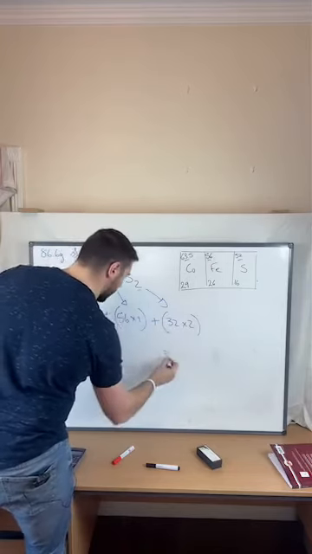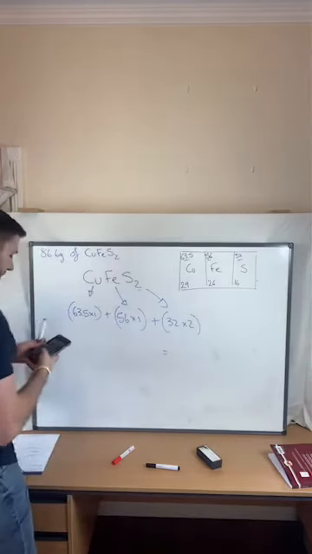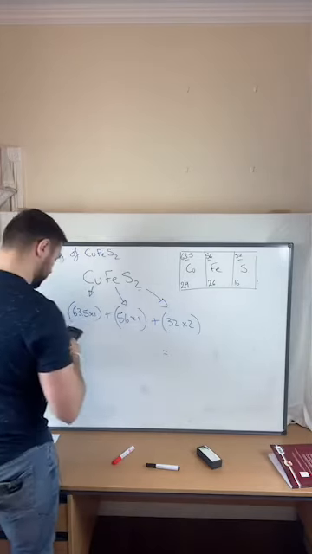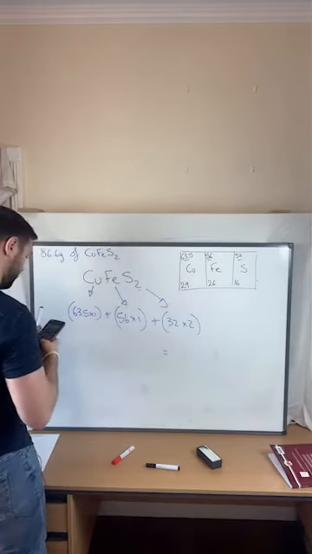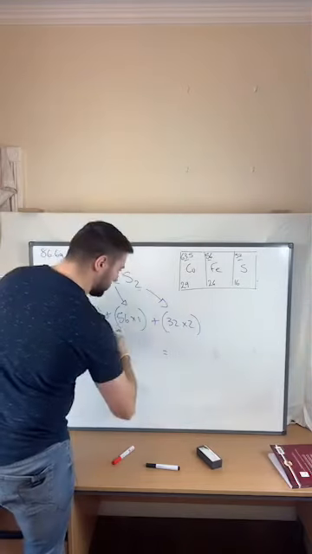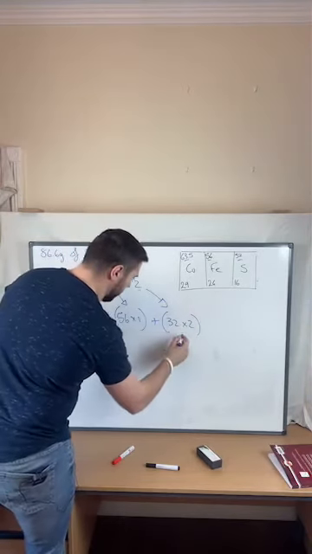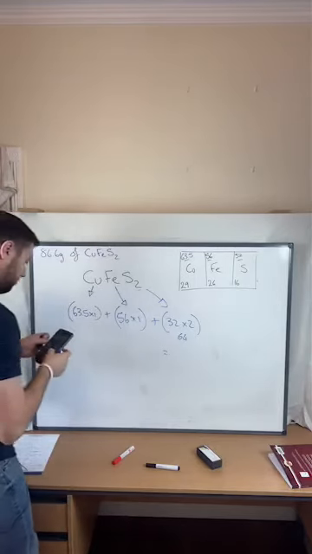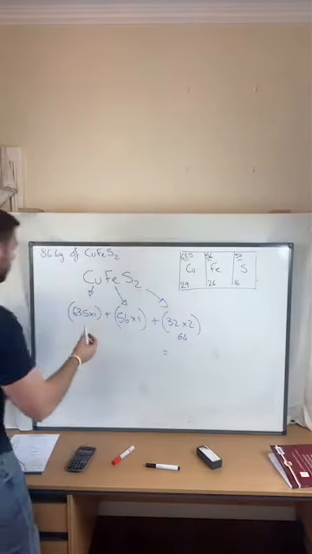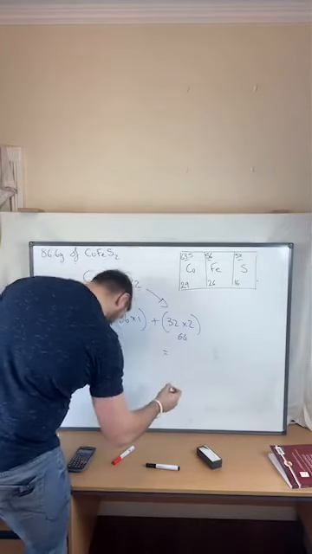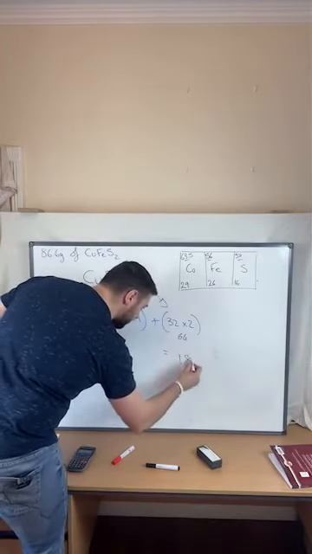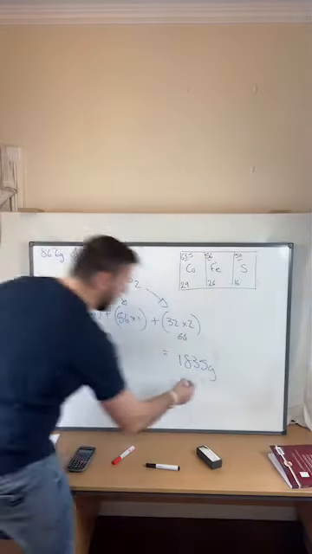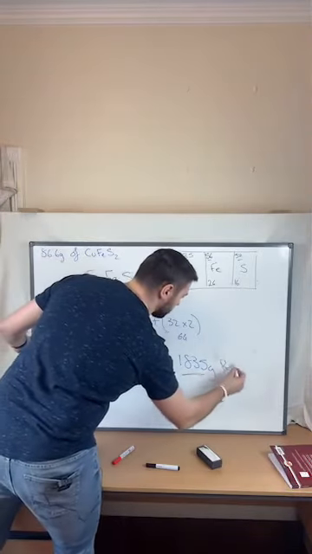So let's calculate it out. 63.5 plus 56 plus 32 times 2, which is 64. In total, we have 183.5 grams.